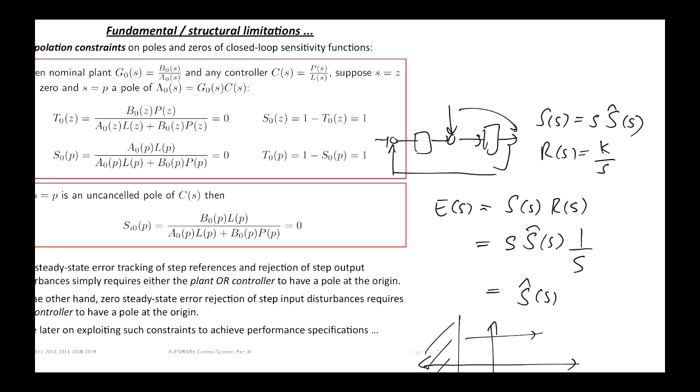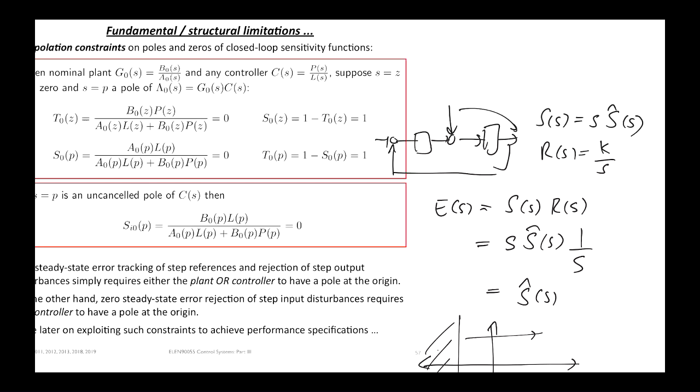And so if we apply a step input at the reference, say, or at the output, then, let's just think about a reference, then the error signal here, which is just the product of the Laplace transform of the reference and the output sensitivity function, will look like this, right? Because S can be factored like this, the s's cancel out, and you're left with this being the Laplace transform of the error signal.